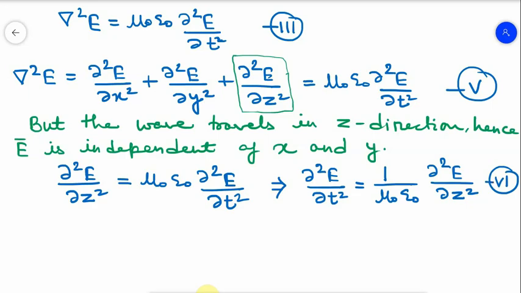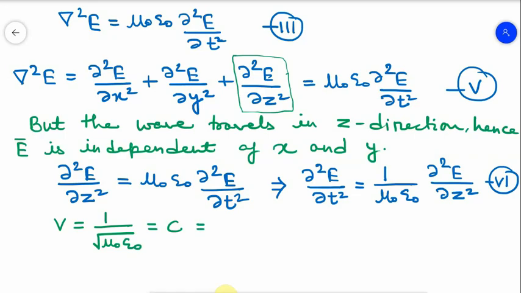Fine. Now if you talk about the speed of light, we all know that the speed of light is 3 into 10 to the power 8 meter per second. Yes or no? So from where has this been derived? This is from this one: V equals 1 upon root under mu 0 epsilon 0, and this is your C, the speed of light.